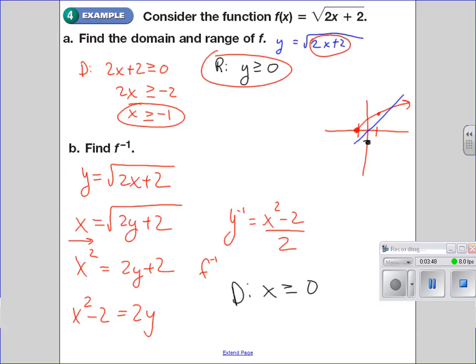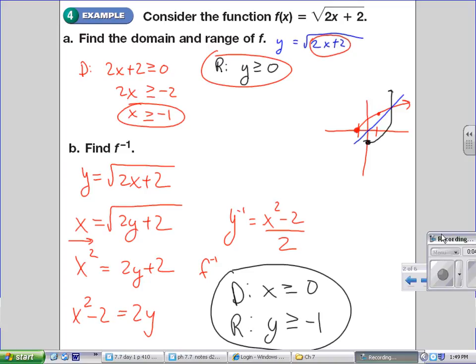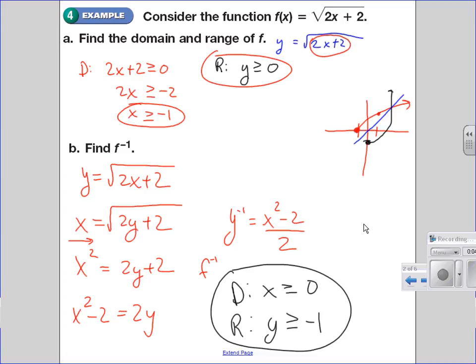And for the range, well, what was the domain of my first? X is greater than or equal to negative 1. So y has got to be greater than or equal to negative 1. Check this out, if I start working this way, that works. So now I get this crossing point here. From my picture and from the work that I've done, I should be able to say that the inverse is a function.